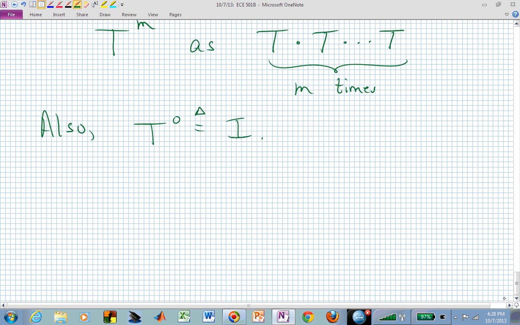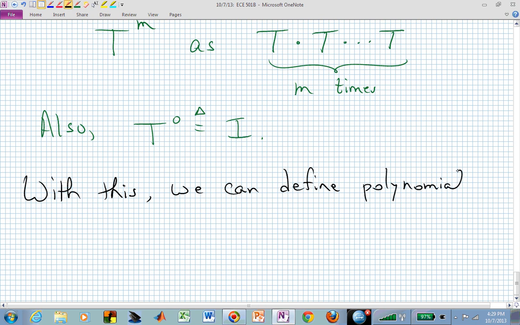With a matrix now, that's between multidimensional vector spaces, that's now the identity map I. With this notation, we can now define polynomials as operators, or polynomials of operators.